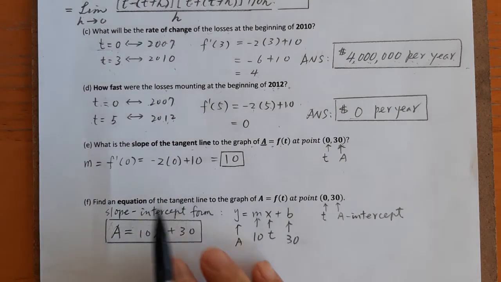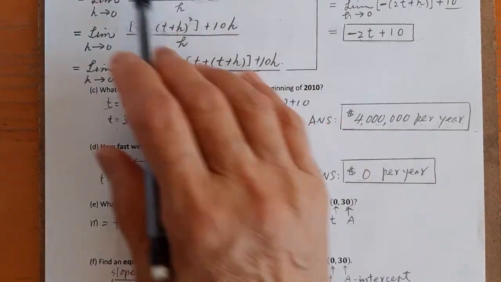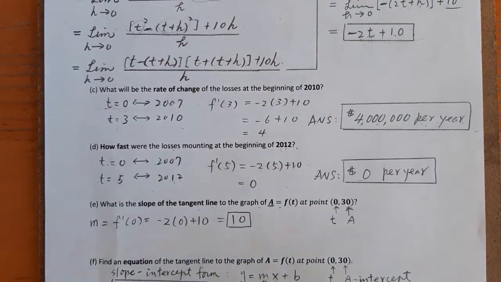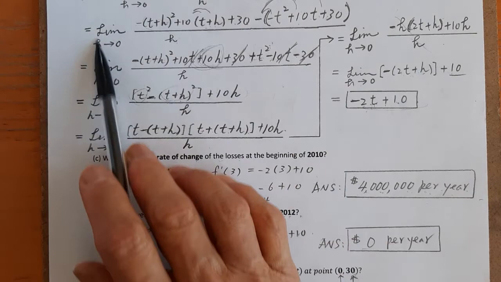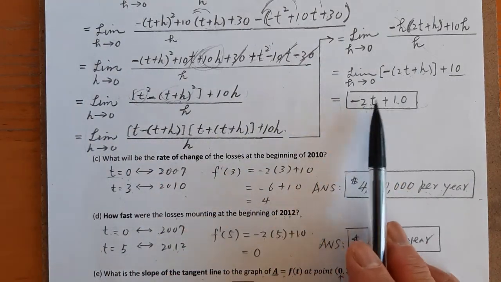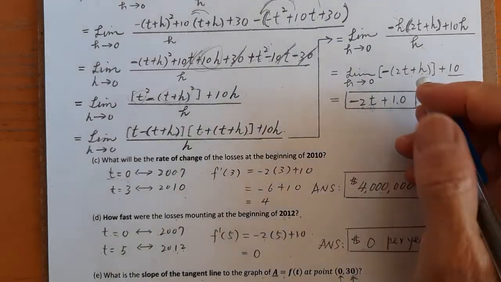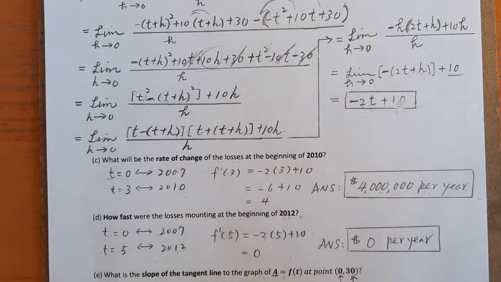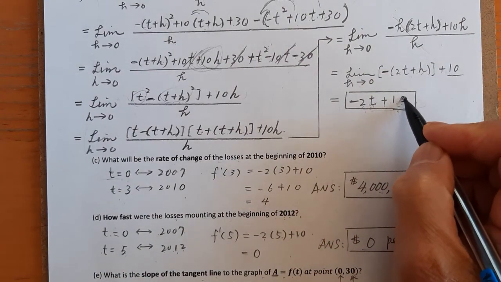So use this derivative. F prime of t equal -2t plus 10, and figure out f prime of 0. Now put t equals 0, plug in.